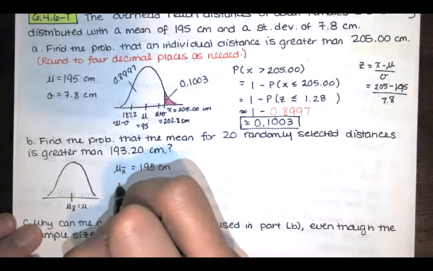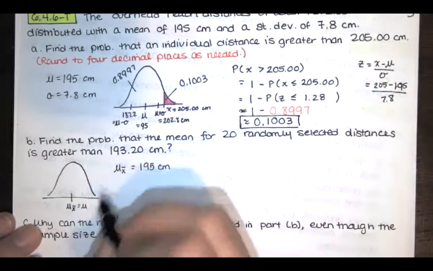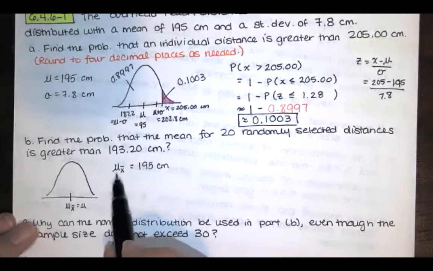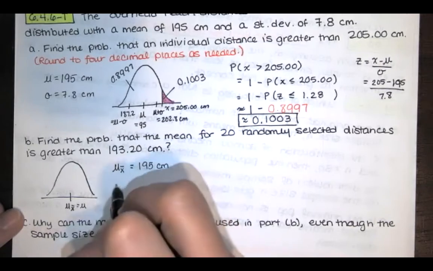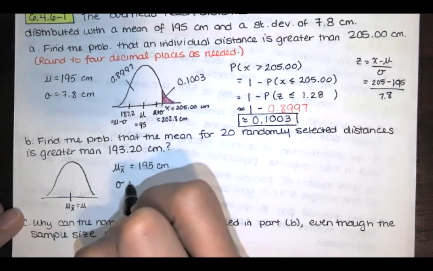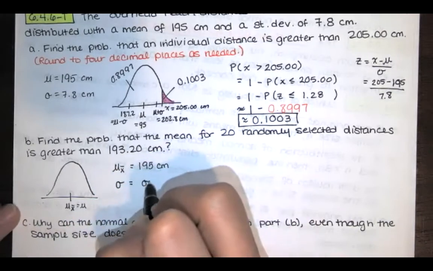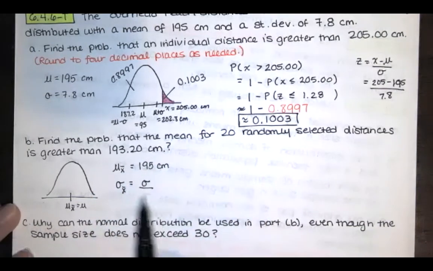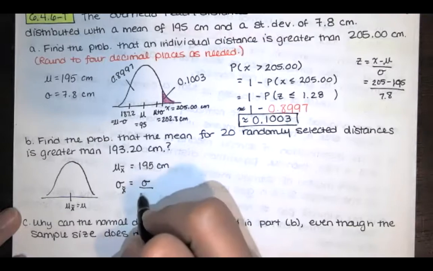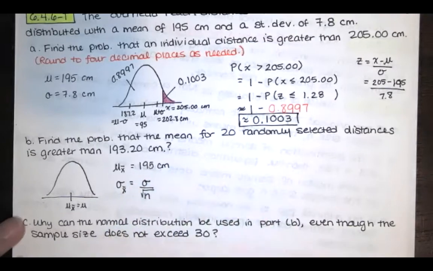And the standard deviation of the sampling distribution for the sample means is not equal to the standard deviation for the original population. It's equal to the standard deviation for the original population divided by the square root of n, where n is the sample size.